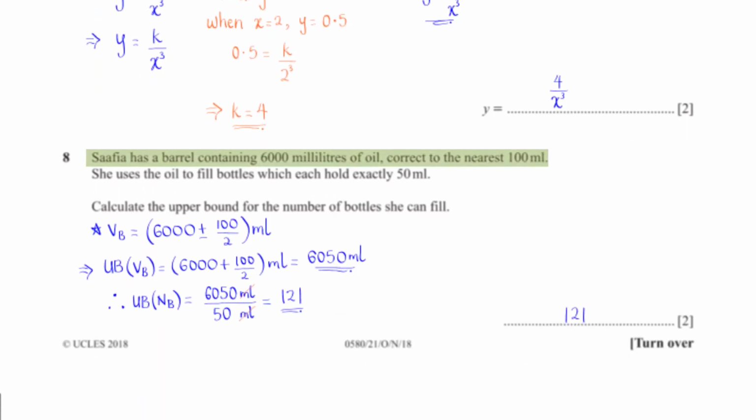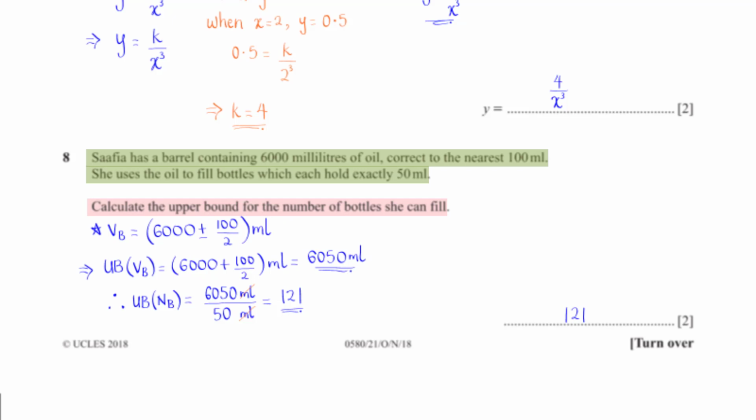Safia has a barrel containing 6,000 milliliters of oil, correct to the nearest 100 milliliters. She uses the oil to fill bottles which each hold exactly 50 ml. Calculate the upper bound for the number of bottles she can fill. So for the volume of the barrel given in the question, we have 6000 ml plus and minus 100 ml divided by 2.